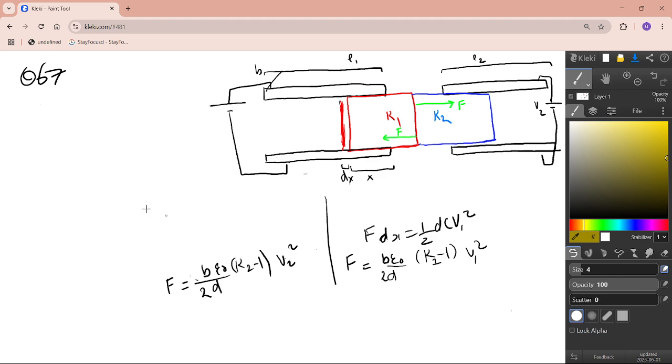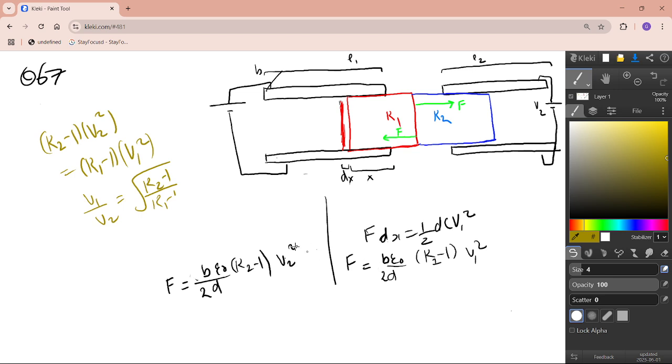B epsilon naught by 2D will cancel, and we have (K2 minus 1) V2 square equal to (K1 minus 1) V1 square. So V1 by V2, taking this as V1, equals root of (K2 minus 1) on (K1 minus 1), and this is the correct answer.